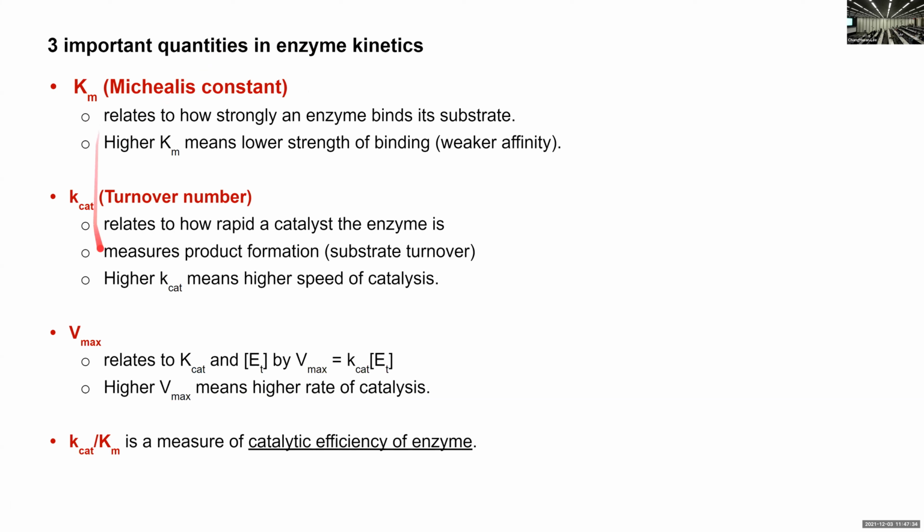These 3 terms are really important: Km, the Michaelis constant, Kcat, the turnover number, and the Vmax, which is the maximum rate of the reaction that is achieved by the enzyme or catalysis. Again, you should know what they mean, how you can derive these values, and what the relationships between them are. And again, the Kcat over Km ratio is important, as this ratio is the measure of catalytic efficiency or specificity of an enzyme.